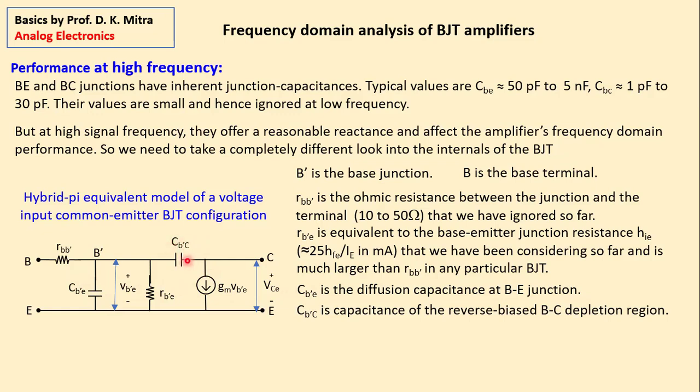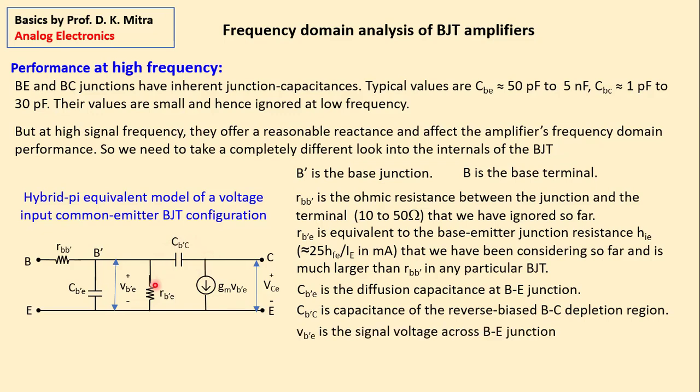That is the depletion capacitance between the collector and base, CB'C. And this collector-base junction is always reverse biased. And that is why the value of this capacitor is quite considerable. It's not negligible. This is the capacitance between the base junction and the collector junction, right?